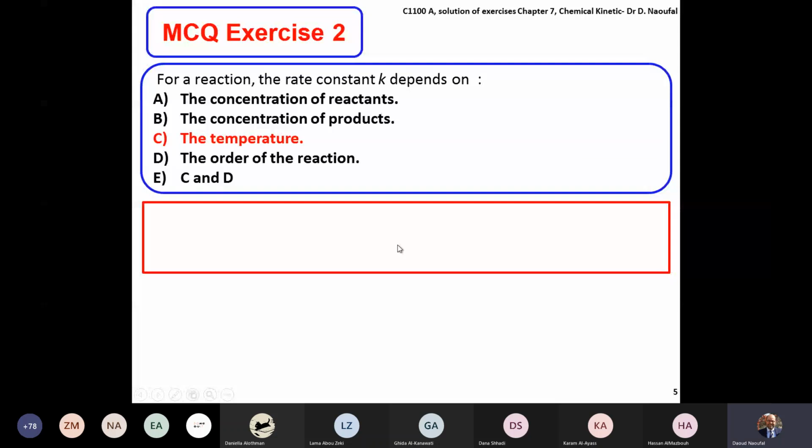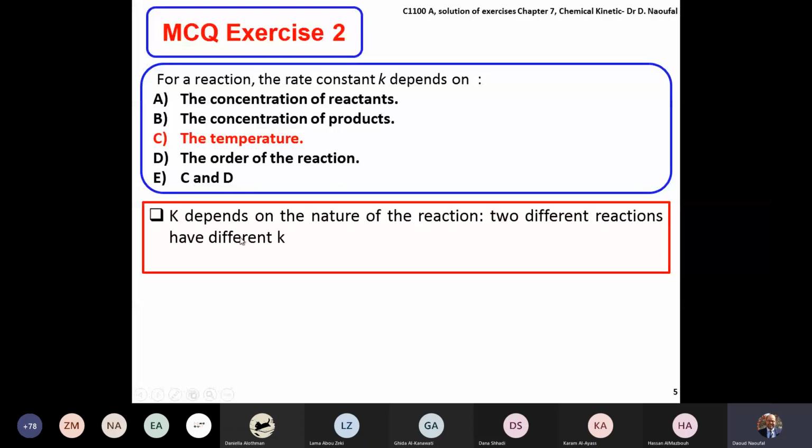MCQ exercise 2. For a reaction, the rate constant depends on: the concentration of the reactants, the concentration of the products, the temperature, the order of the reaction, C and D. We know that K is given by the relation K equals A e to the power minus Ea divided by RT.